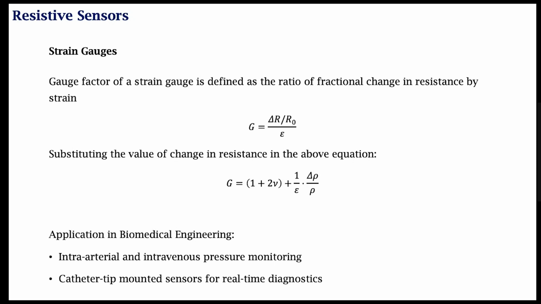They can be quite small, or they can be mounted on the tip of a catheter for measuring real-time changes in pressure or in force inside the body. So these are critical applications of such strain gauges in biomedical engineering.